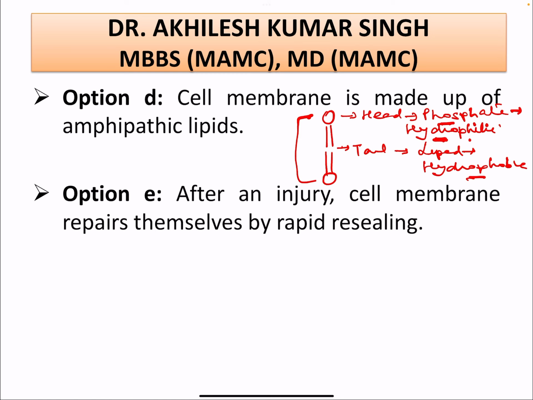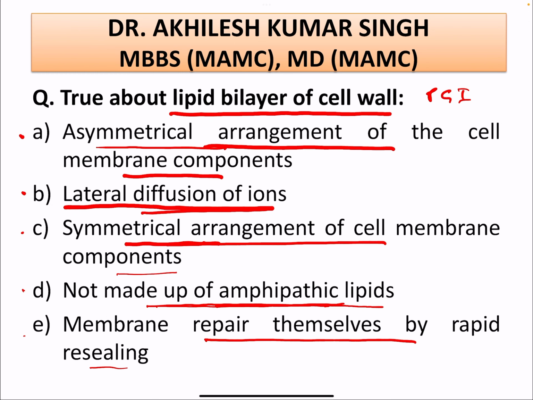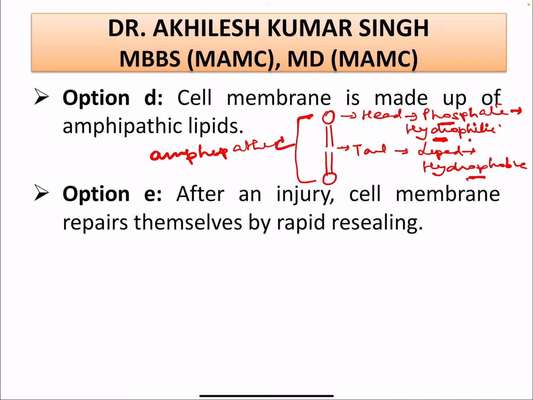So this is amphipathic. So option D, which mentions not made up of amphipathic, is the wrong statement, because the cell membrane is made up of amphipathic lipid, meaning it has both hydrophilic and hydrophobic ends.